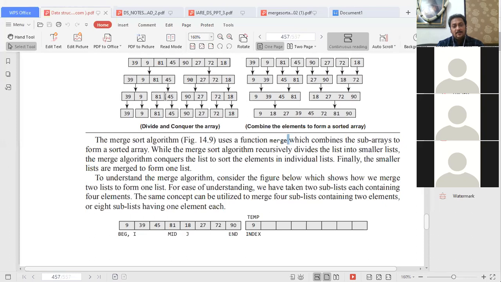C7, do you understand? Yes, sir. The array which contains 4 elements is further divided into 2 plus 2.